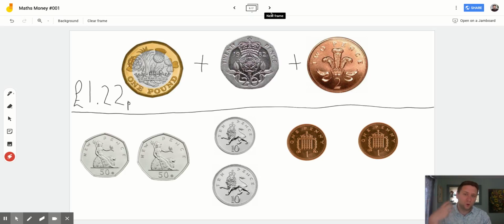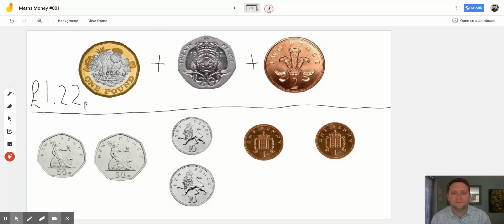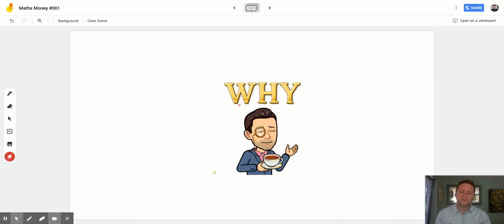So that's quite important to know. And that question will come up time and time again. How many ways can you make 38p? How many ways can you make £4.27? All the time. Right, so I suppose the last question that we've got to answer is, why are there different coins, different notes? Why haven't we just got one coin that can just be added together and together to make any amount?